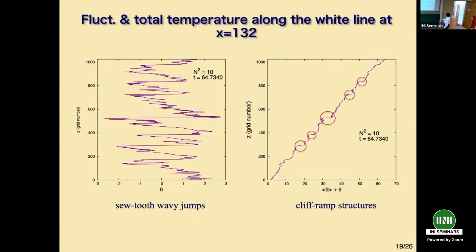So there is asymmetry, with slow cooling and then big jumps in the warmer direction. We say it's a cliff. A cliff is just a cliff, and the ramp is slowly moving. So we see cliff and ramp structures coming from this asymmetry.